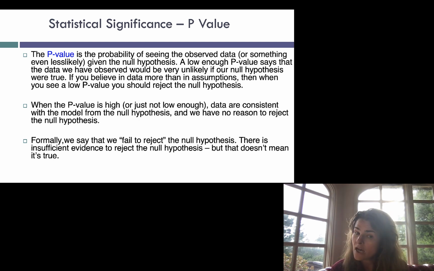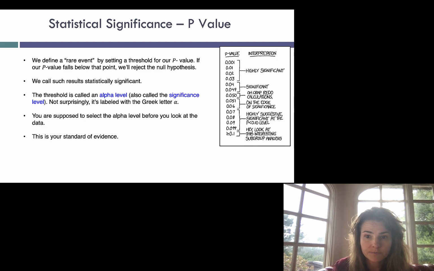When the p-value is high or simply not low enough, we say the data are consistent with the model from the null hypothesis. We don't have enough reason to reject the null hypothesis. Formally, we say that we fail to reject the null hypothesis. Right? So that probability of being wrong, that's what we call the p-value.